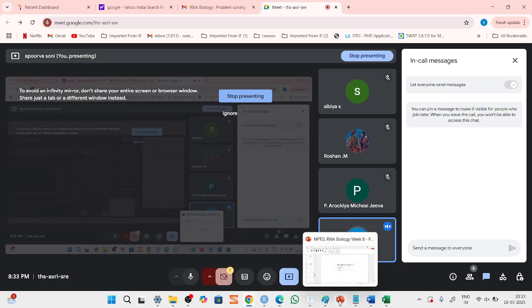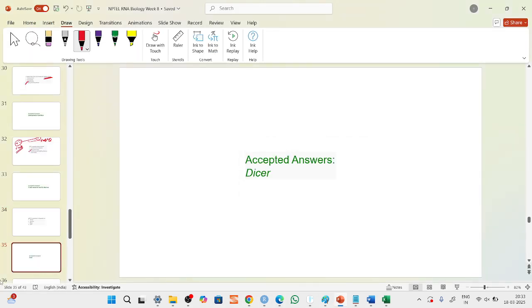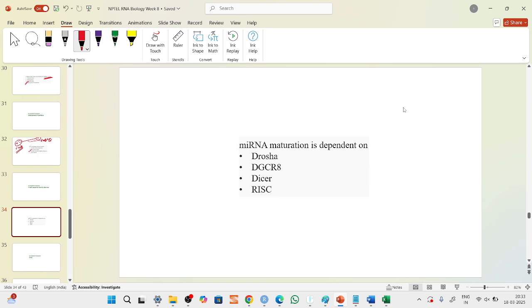No. Okay, fine. So the correct answer for this is dicer. We have already discussed that the maturation of the miRNA happens with the help of dicer, and dicer acts in the cytoplasm.